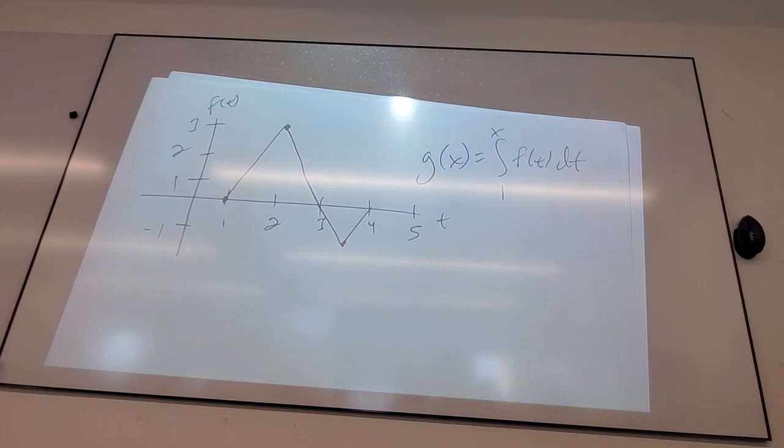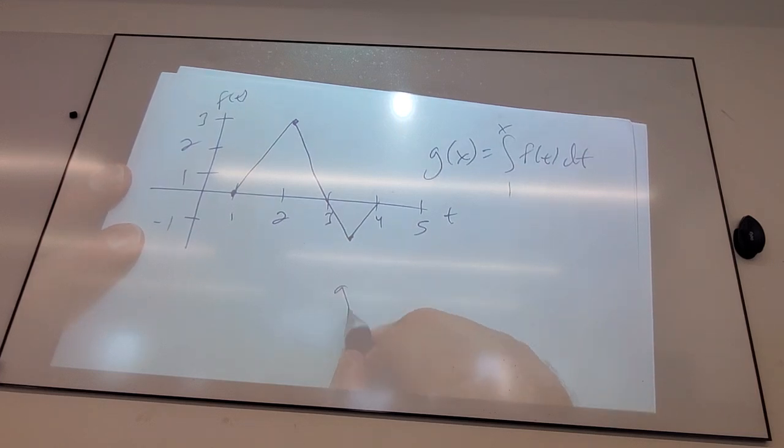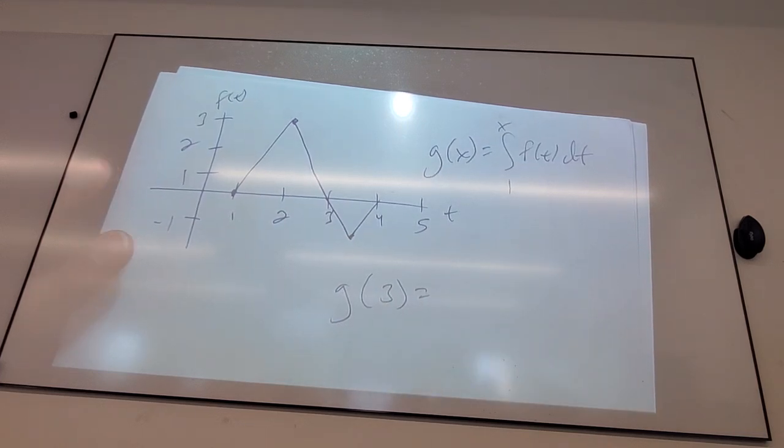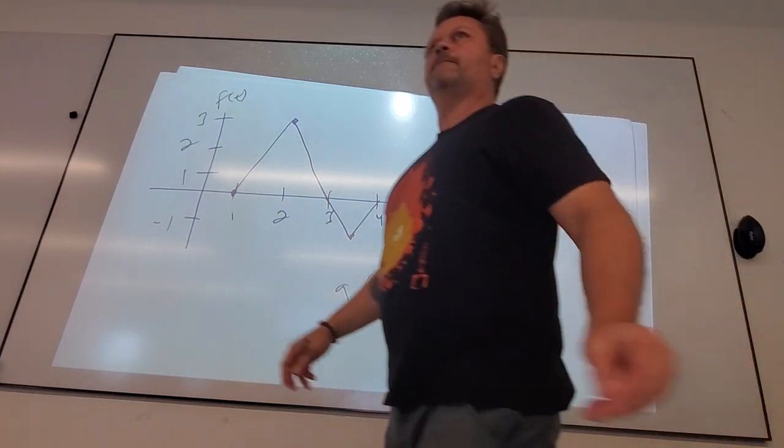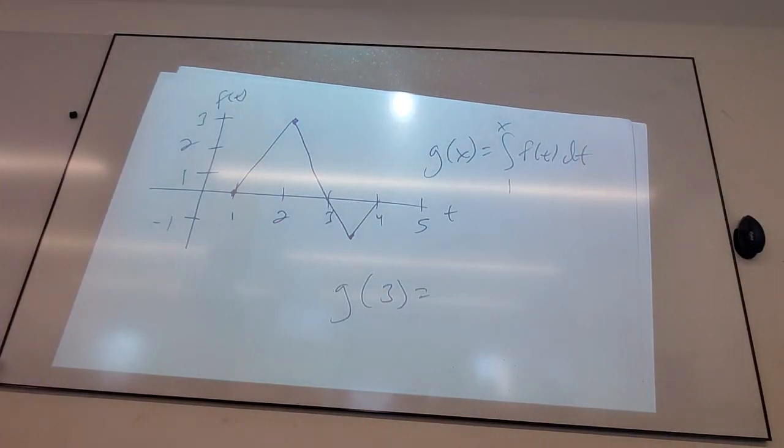So, I don't want you to say a word. I want you to figure out what g of 3 is. This is very easy, but at the same time, it's crazy hard because there's a lot that we just went over that I'm just slamming at you.